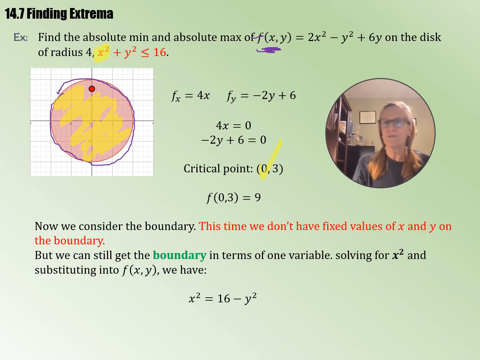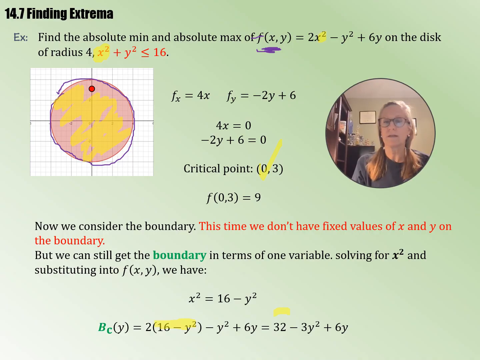So x squared, I didn't want to get plus or minus. I just left it as x squared because I've got an x squared right there, right? So I'm going to make x squared have everything with y in it. That worked out well. So the boundary of my circle in terms of just y, here's x squared.